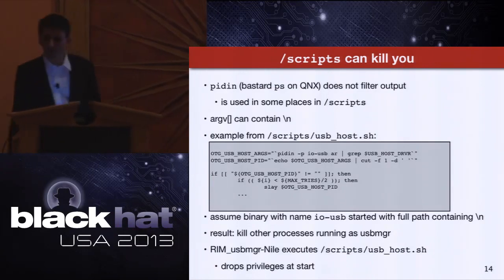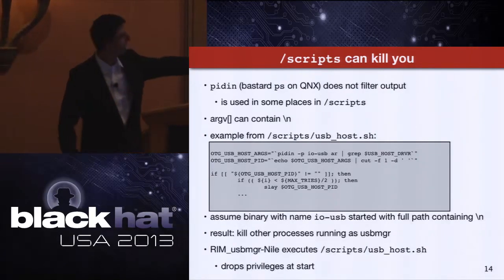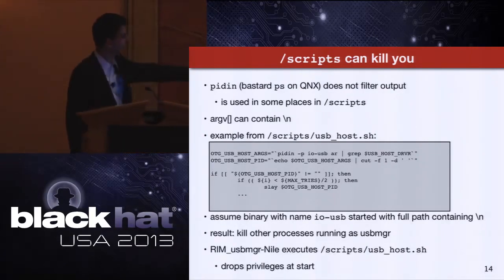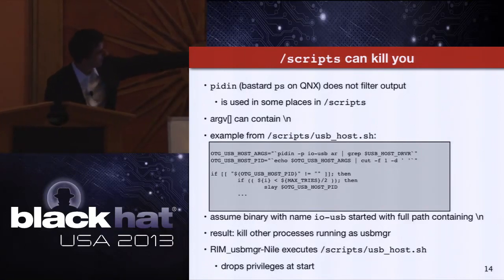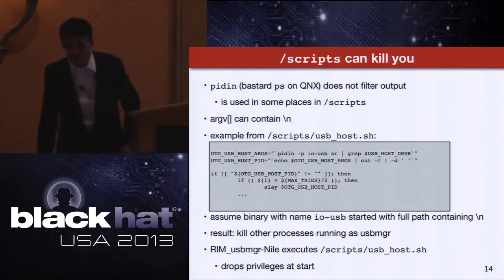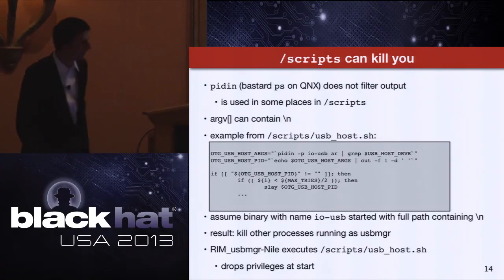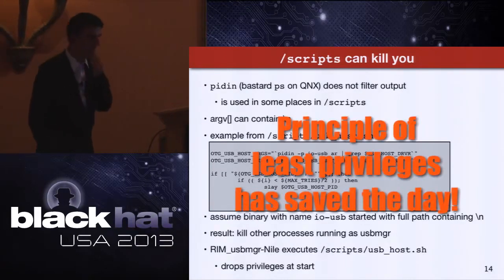Unfortunately, they don't run this as root anymore, because this RIM USB manager, Nile, so Nile is the platform apparently for this, executes this shell script after having dropped privileges. And this actually saves the day here.